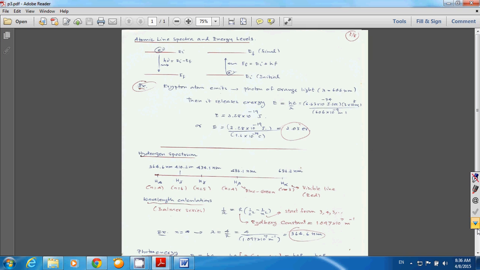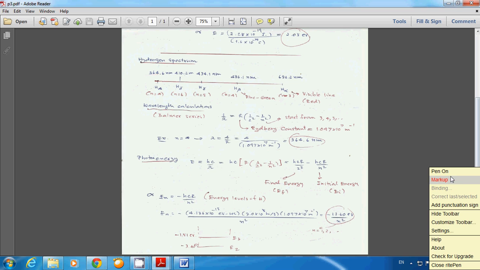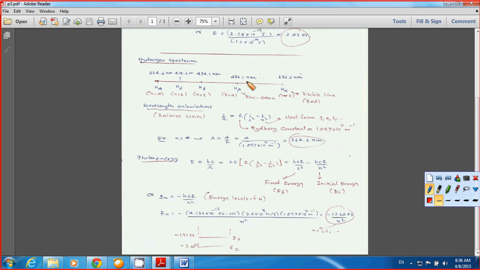Now take a look at the hydrogen spectrum. It has different wavelengths of photons, or wavelengths of light, or wavelengths of the spectrum. So you have H alpha, H beta, H gamma, H delta, and H infinity, where the wavelength is increasing from left to right.